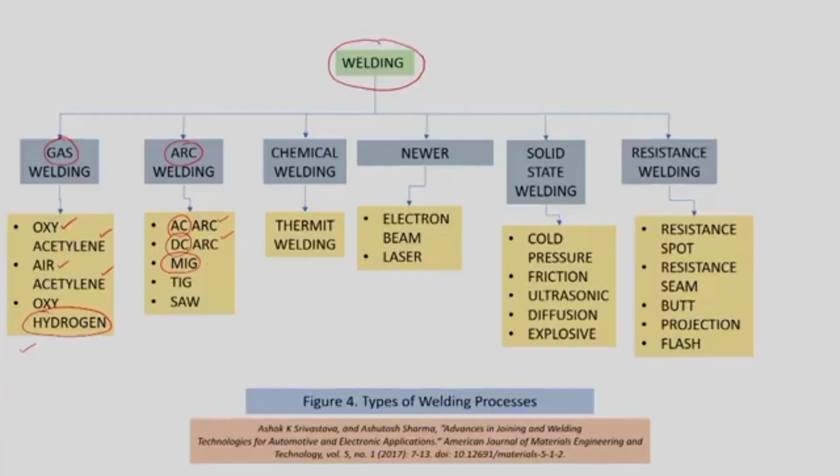In metal inert gas welding, we are using an inert gas to protect the weldments. So what kind of gases are we using during this metal inert gas welding? The gases are argon and helium. So here a mixture of argon and helium is used as an inert gas mixture to protect the weldment, and MIG is widely used to weld non-ferrous materials such as aluminum.